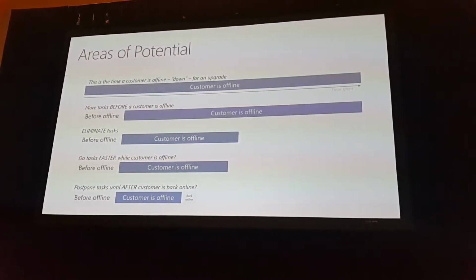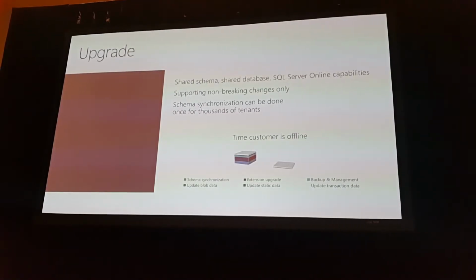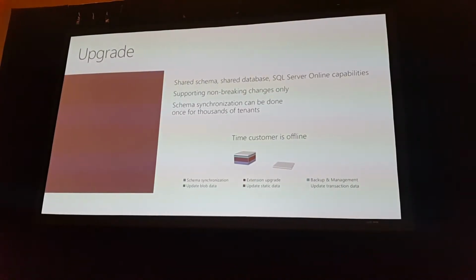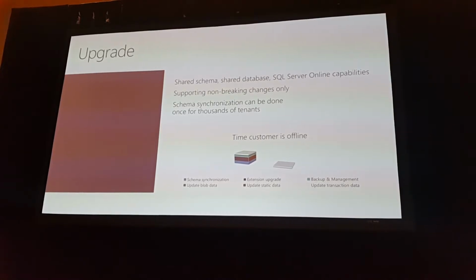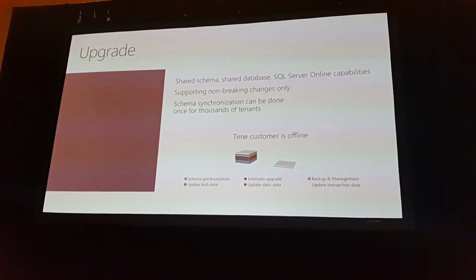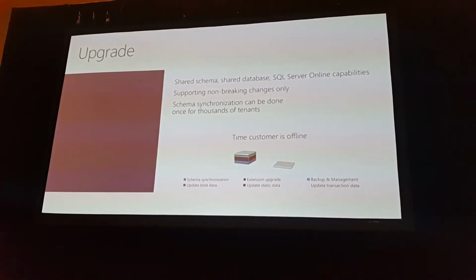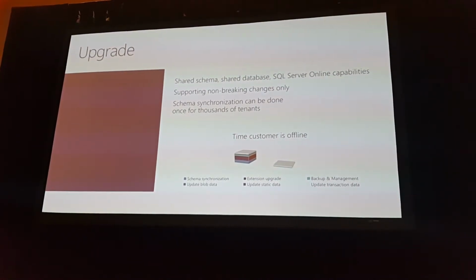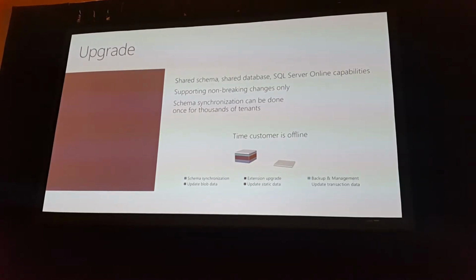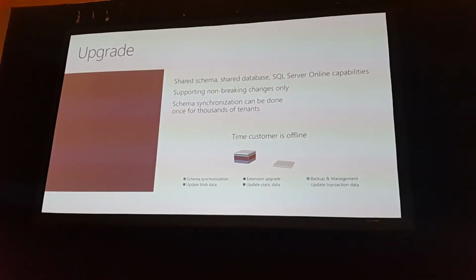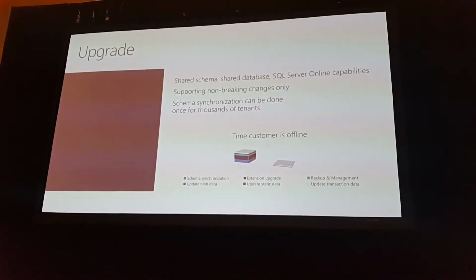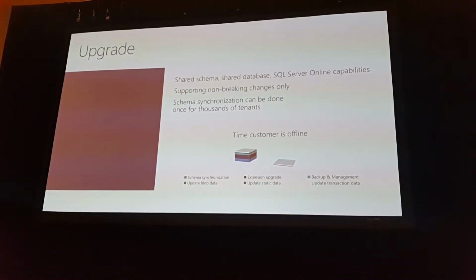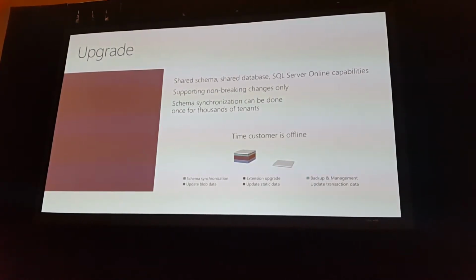It also means that we've imposed some things on the teams writing application code. For example, we do not allow breaking changes in the database anymore. So you cannot remove a table or a field in a table or a column in a table at this point in time. You can stop using it, but we are not removing it in our database because that takes a lot of time when we do that.